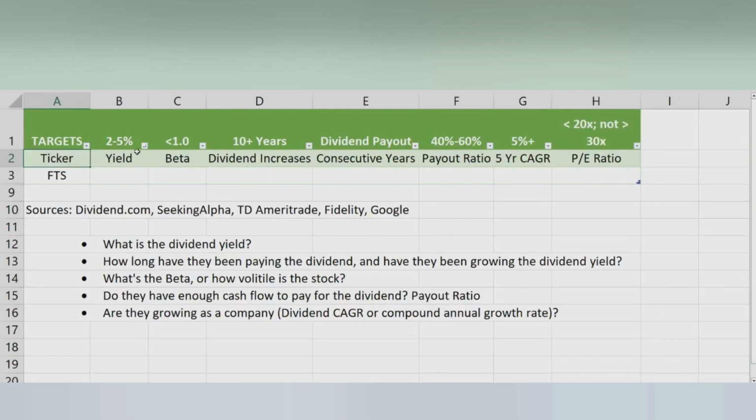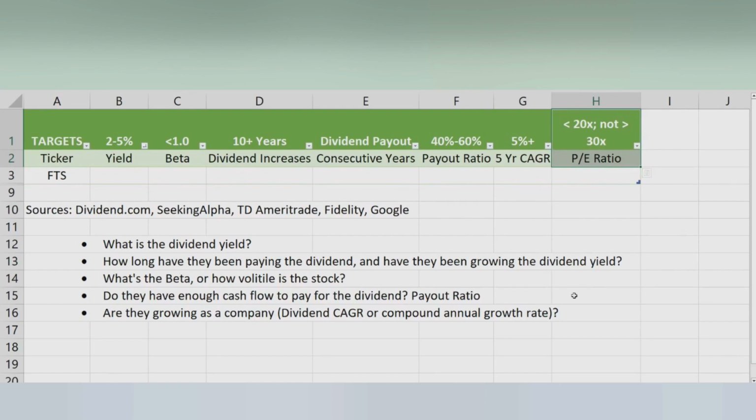We are going to gather what is the dividend yield, what is the beta, or how volatile that stock is. How many years of dividend increases has this company had? How many years of consecutive dividend payouts have they had? What is the payout ratio? What is the 5-year CAGR, or compound annual growth rate? And finally, what is the PE ratio, or price to earnings?